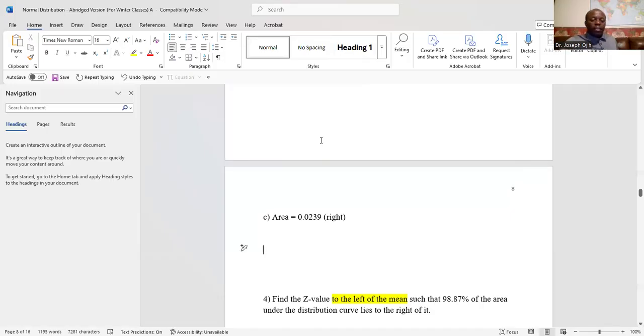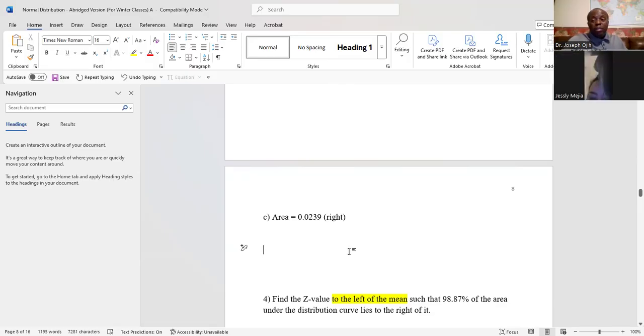In that case, because it's at the right, the formula you're going to use becomes norm.s.inverse of one minus the area.